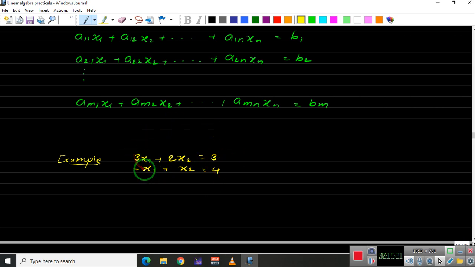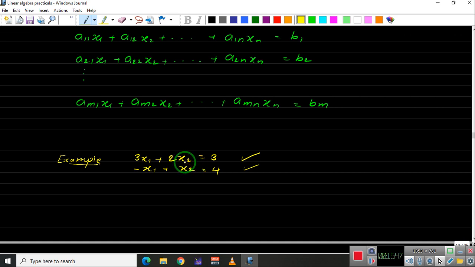To solve this means we need to find the values of x1 and x2 that will satisfy this equation, and also this equation. And if you remember, you used the elimination method or substitution method in your 10th standard.